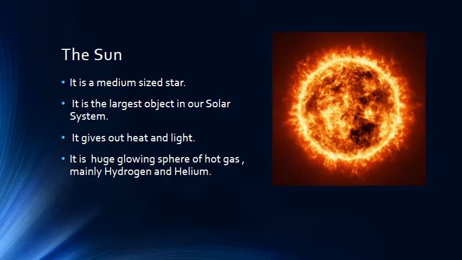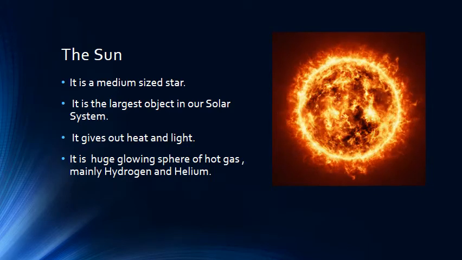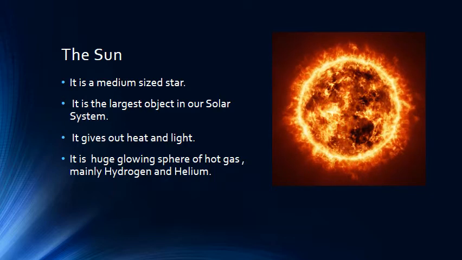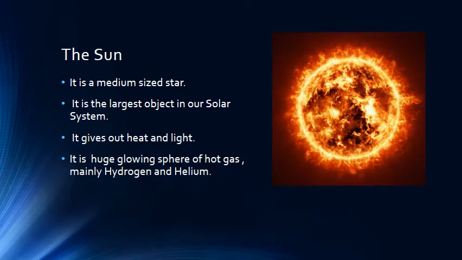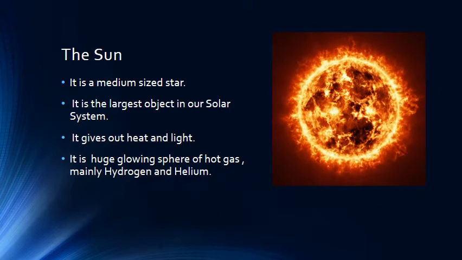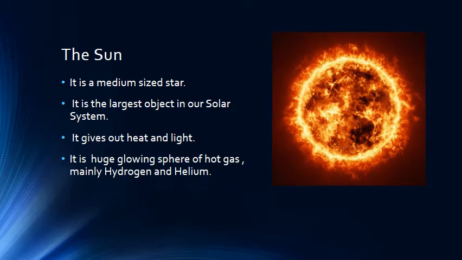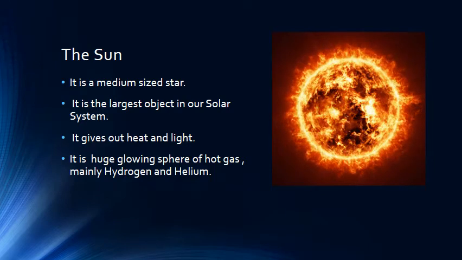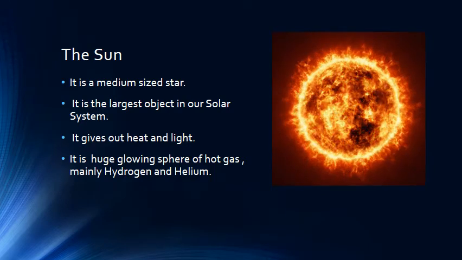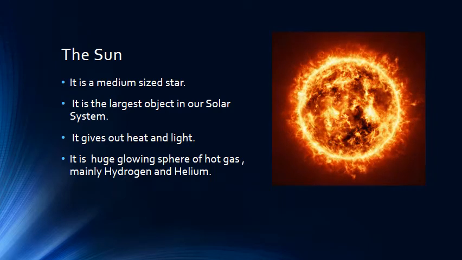It just looks so big or enormous to us because it's the closest star to us, and that's why we feel like it's huge. But actually, other stars that you may have seen in the sky could be bigger than the sun, but they are in other galaxies, and they are much bigger than our sun.